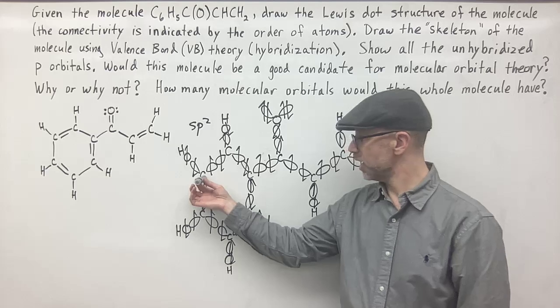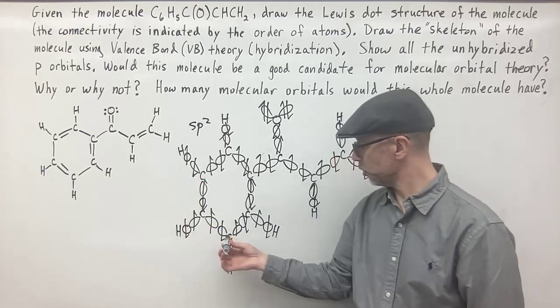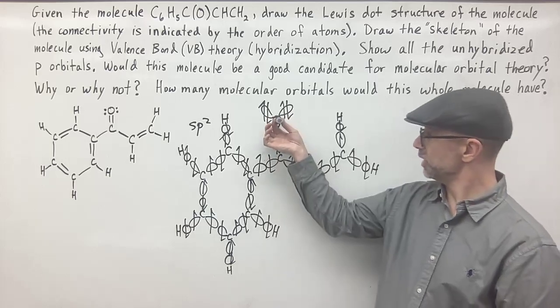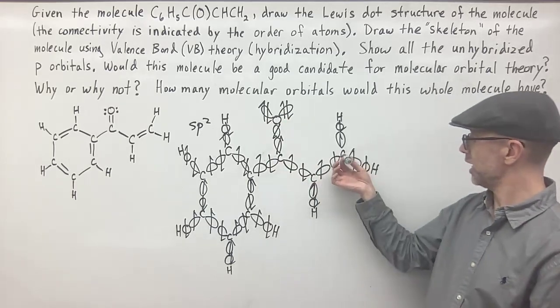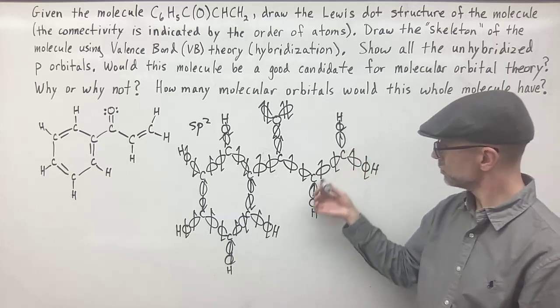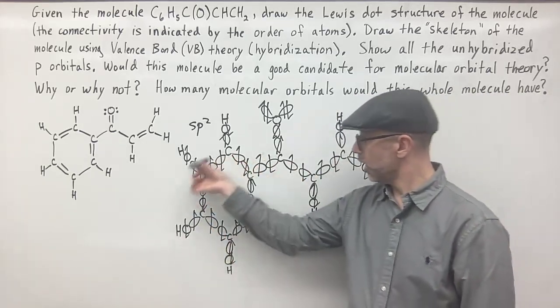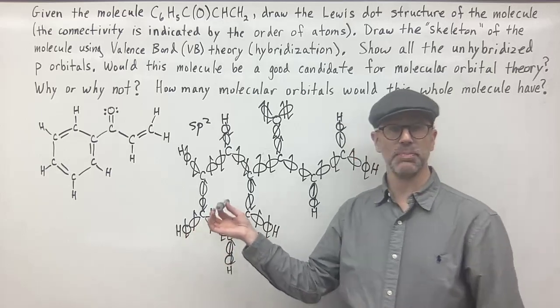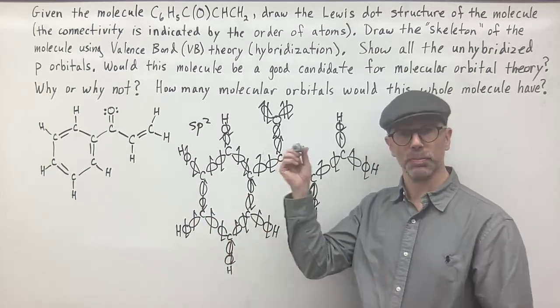This carbon has an unhybridized p orbital. This one has an unhybridized p orbital, and so on. So every atom, even this oxygen here, has an unhybridized p orbital. So the system of the p orbitals looks like this. Every atom has a p orbital sticking out of the board and going into the board, perpendicular to the board like this marker.